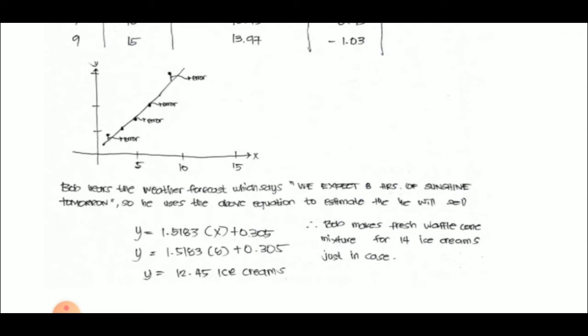Based on the weather forecast of 8 hours of sunshine, Bob substitutes 8 for x, and we can predict the value of the dependent variable is equal to 12.45 ice creams.